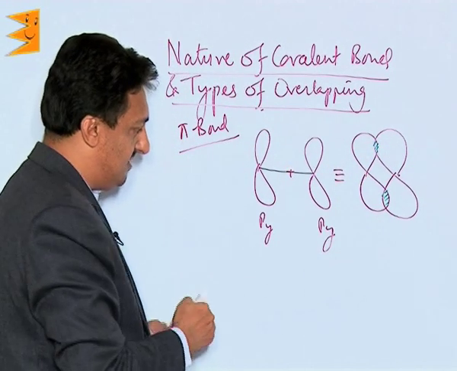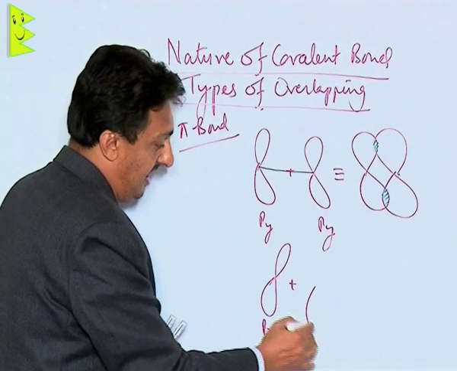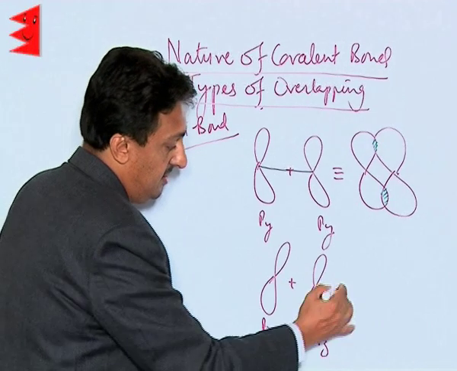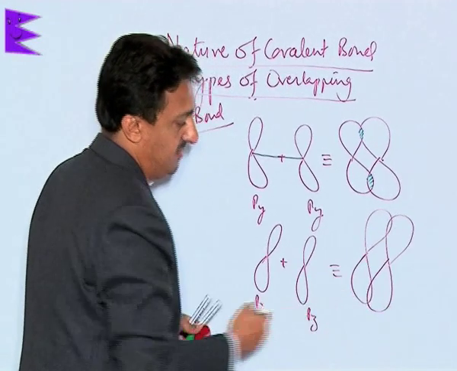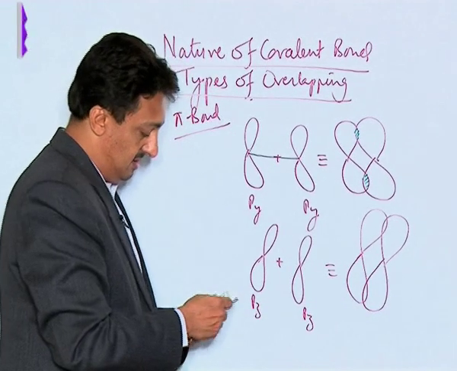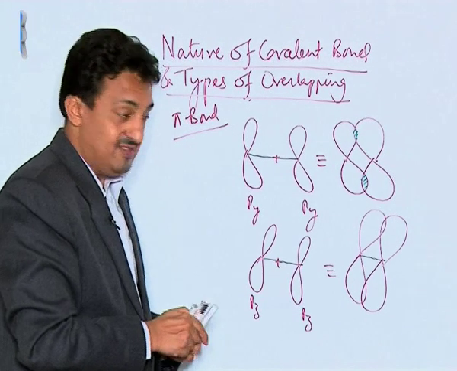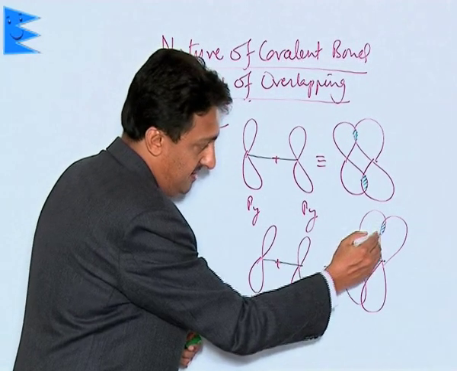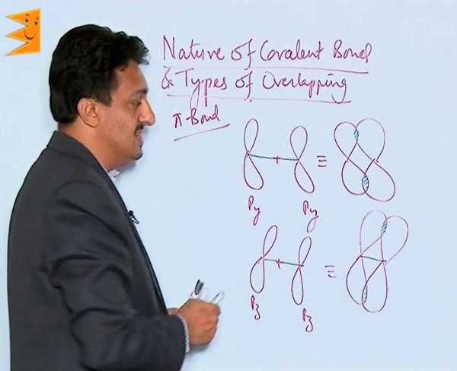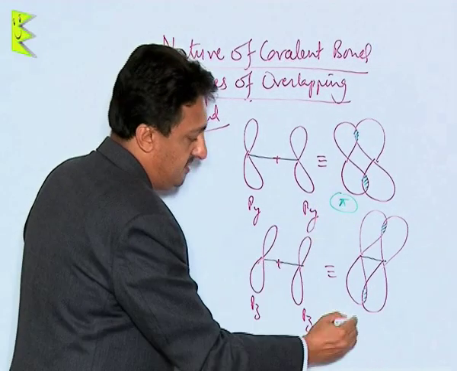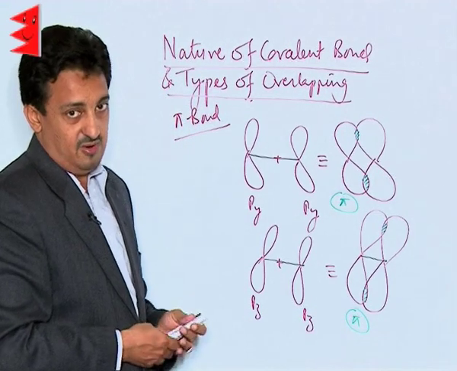The same will be the case if the overlapping is between pz and pz: the extent of overlapping will be very small. You can see here, this is the internuclear axis. Electron density is not present along the internuclear axis. It is over this small extent that we have this overlapping. So these are called pi bonds, which are not as strong as the sigma bond is.